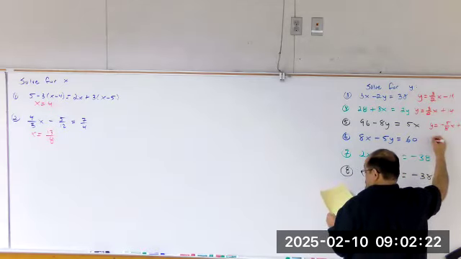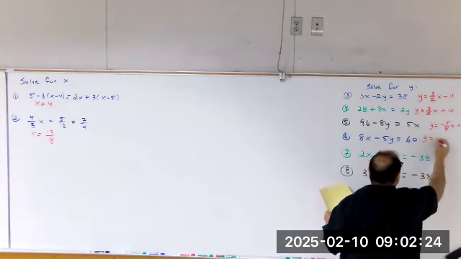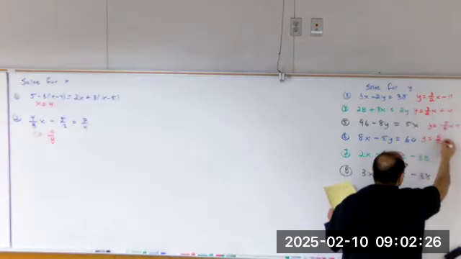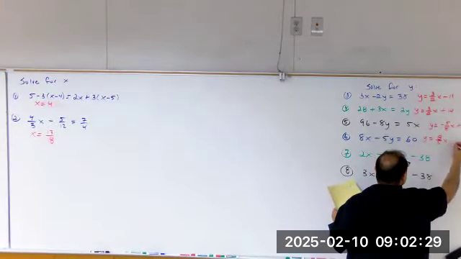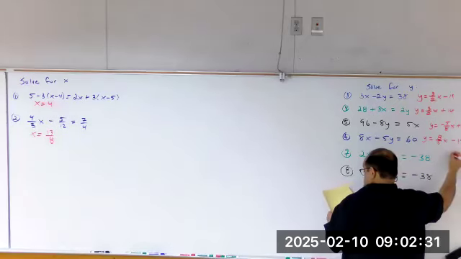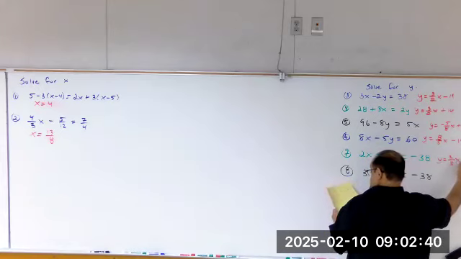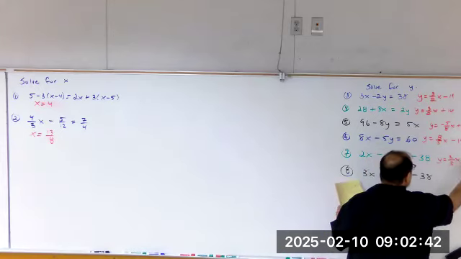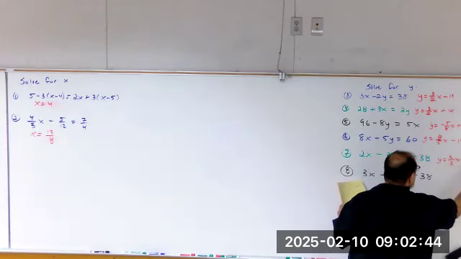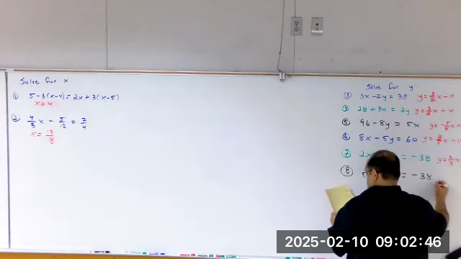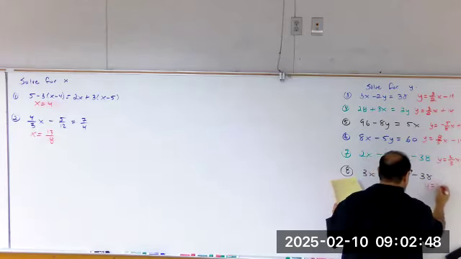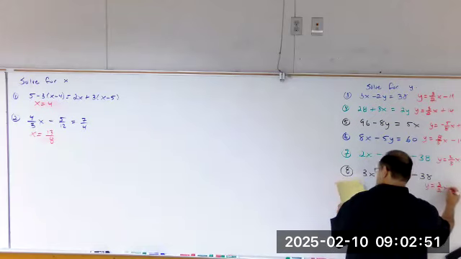Number 6, we're going to get y equals 8/5 times x minus 12. And 7, we have y equals 2/3x plus 38/3. And number 8, we end up with y equals 3/2x plus 19.